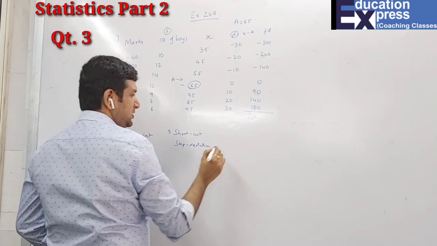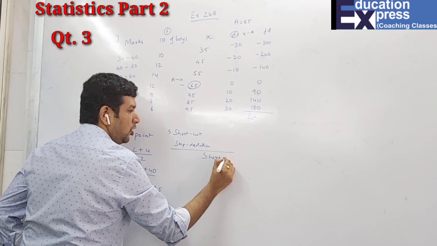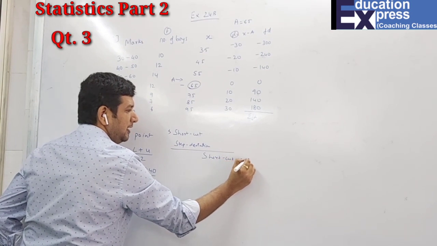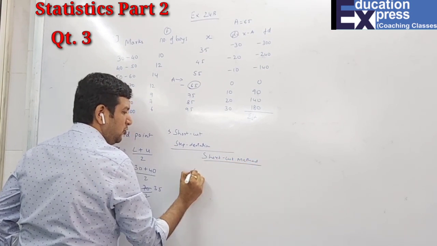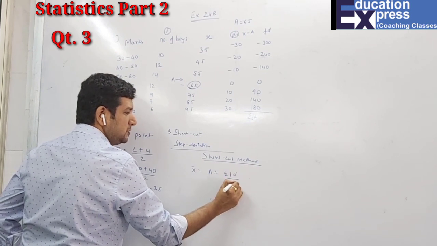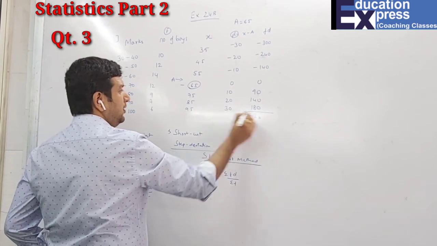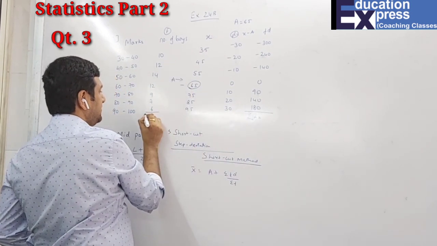So here first what we are doing is your shortcut method. The formula which I have told you: x bar is assumed mean plus sigma fd upon sigma f. So now we'll see assumed mean is available. Sigma fd we will find over here and sigma f is here.